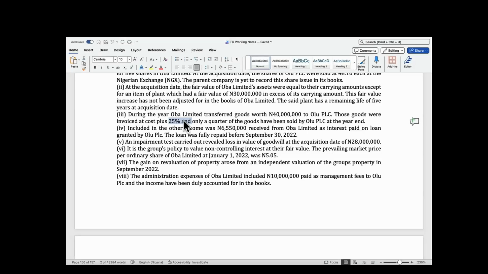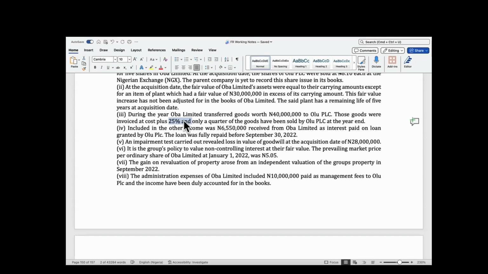So we do 25 over 125, because we need to convert it to margin. We'll do 25 over 125 times 40 million. Whatever we get is the intra-group profit. What we eliminate is to the extent of the goods that are unsold. Since only 1/4 has been sold, 3/4 of that profit is the unrealized profit, because that's the portion that is unsold. That's the portion that we will eliminate as unrealized profit.